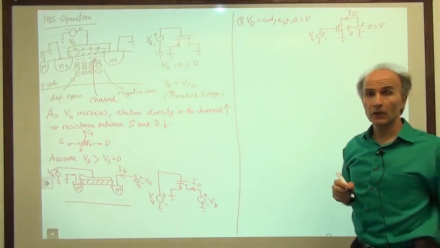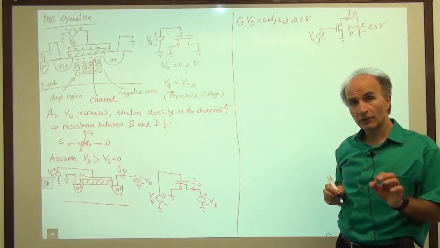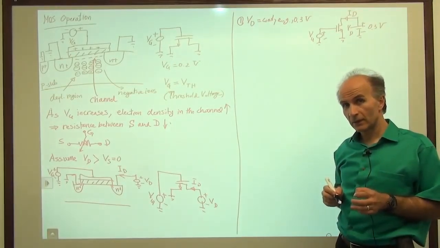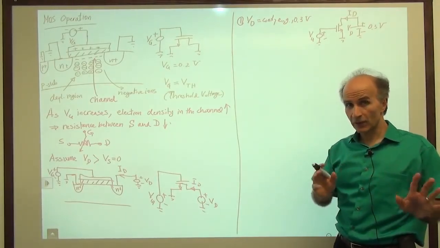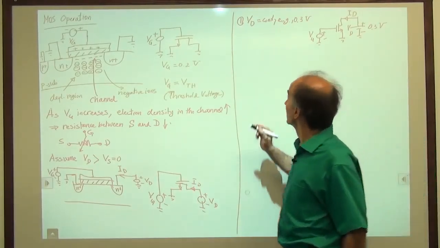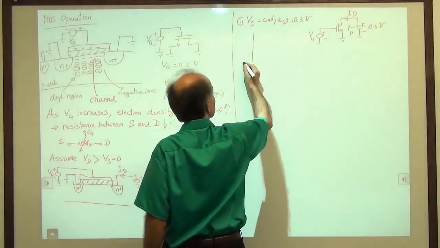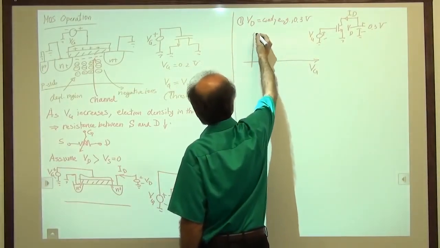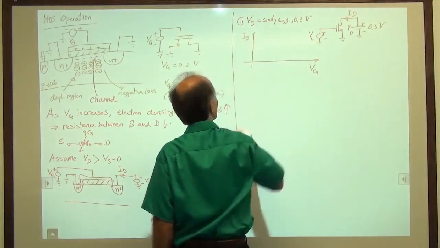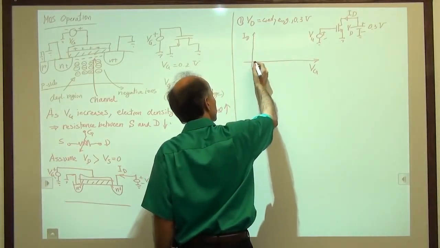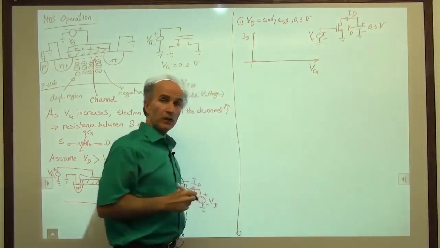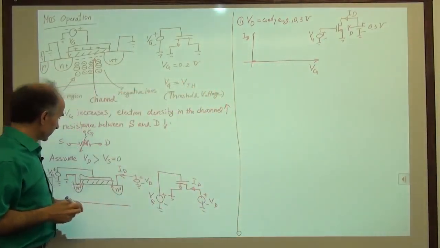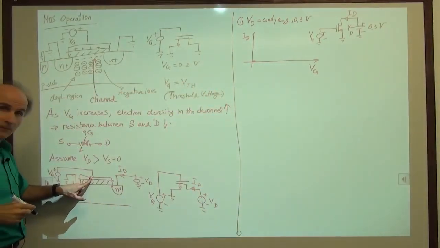So I would like to plot ID as a function of VG. VD is constant, 0.3 volts, we don't touch it, we're just changing VG. So what do we expect? Here's VG, here's ID. Okay, let's start with VG equal to 0. When VG is equal to 0, this voltage is 0.